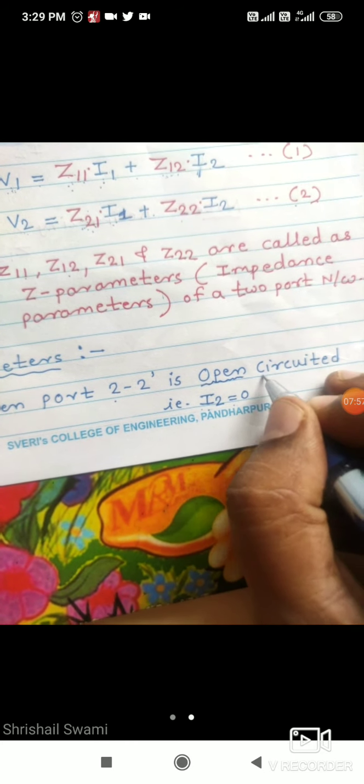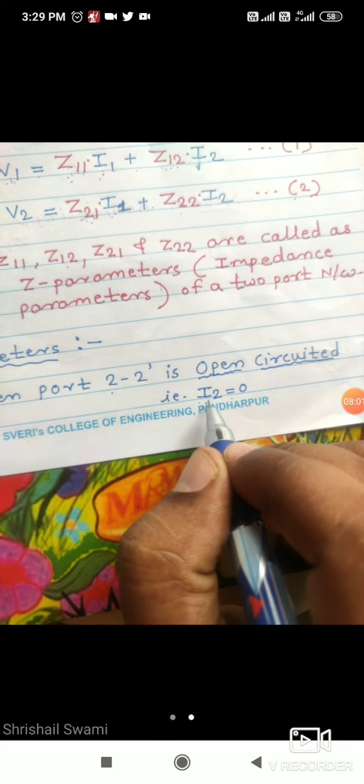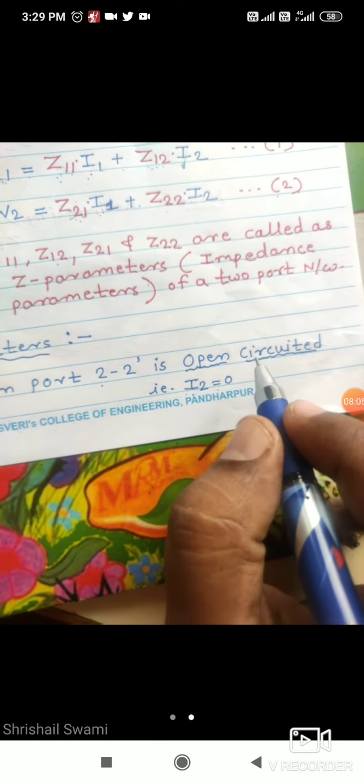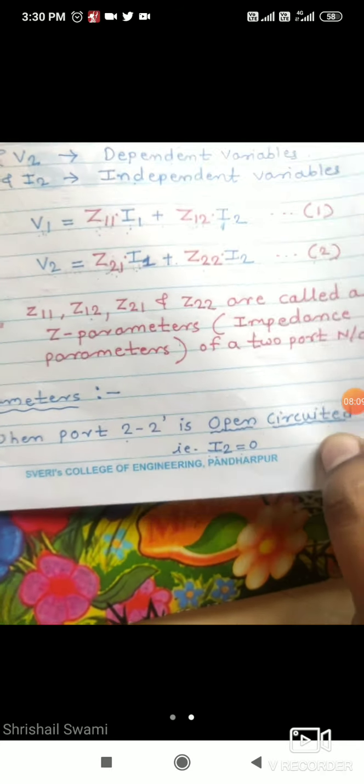Whenever the current is 0, the meaning is open circuited. So as I2 is at the second port, we have to make port 2-2 dash open. When we keep this condition, we will see what will happen.